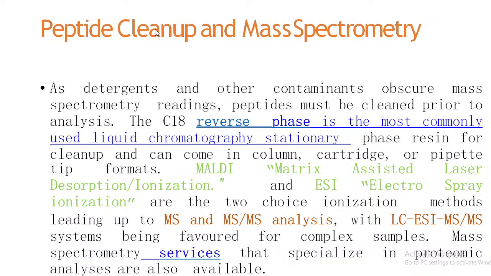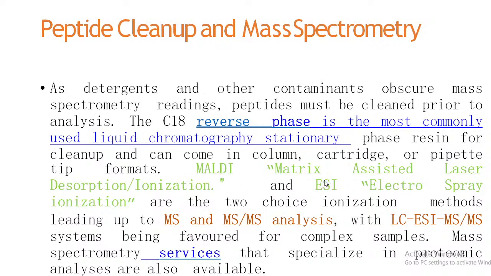Now, next is the peptide cleanup and mass spectrometry. As detergents and other contaminants obscure mass spectrometry readings, peptides must be cleaned prior to analysis. C18 reverse phase is the most commonly used liquid chromatography stationary phase resin for the cleanup and can come in column, cartridge or pipette tip formats.